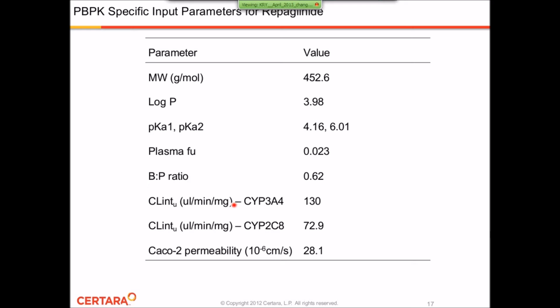So this is actually human liver microsomal data split into a 3A4 component and a 2C8 component, because we know that repaglinide is actually metabolized by both CYP3A4 and 2C8, and therefore what we have to do is make sure that we have these assigned accordingly, especially when we want to go on and do DDIs. And then, of course, we've got the Caco-2 permeability here.